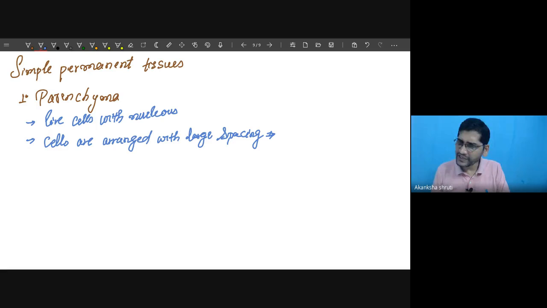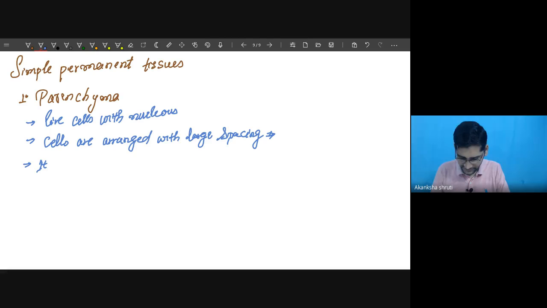It is found throughout the body of the plant. It supports the plant, synthesizes food, stores food for the plant, and gives the tendency of flotation.